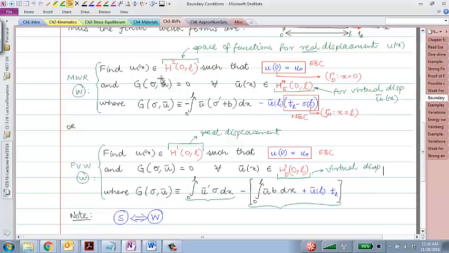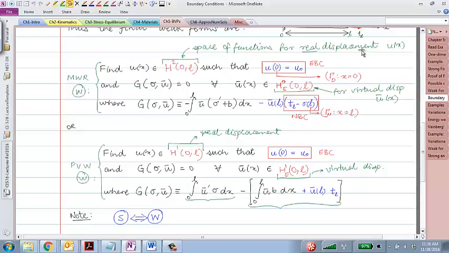So just to recap, we said that if you were using the method of weighted residuals form of the weak form, where there's one derivative on stresses here, so actually there are two derivatives on displacements, correct? So for two derivatives on real displacement, the real displacement must be a function of H2.